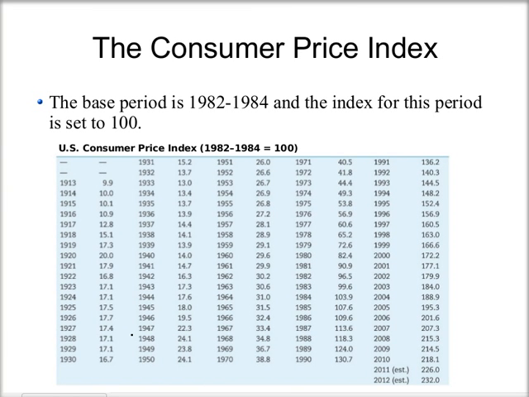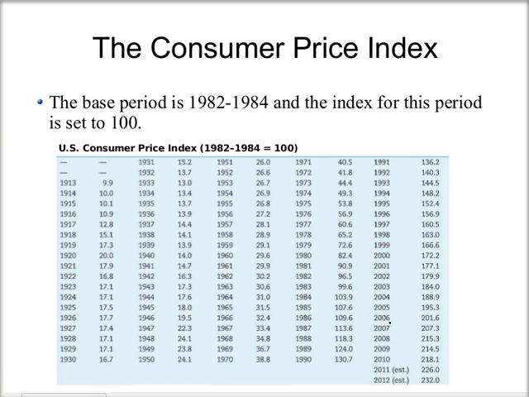So this is a chart of the Consumer Price Index for the past 100 years. Here the base period is 1982 to 1984. So the index for the average of those years, 1982 to 1984, is about 100%.